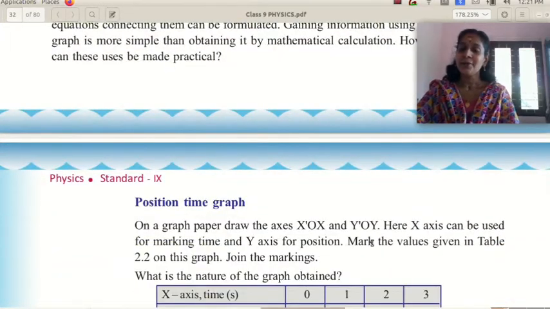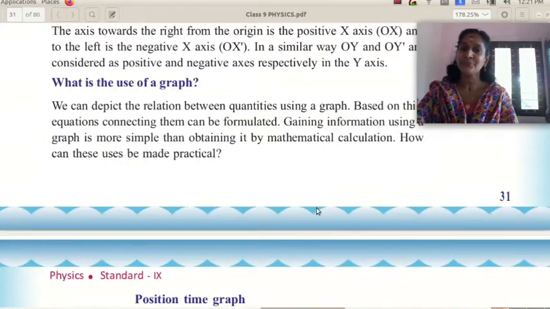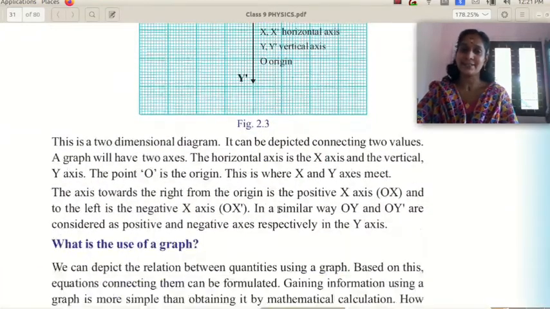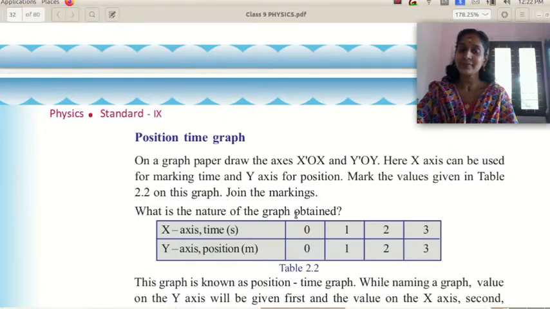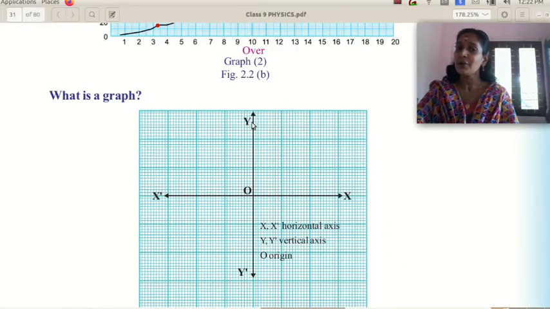And while saying the name of a graph, we should say the quantity marked on the y-axis first. That is, if we are marking the values of position on the y-axis, we should mention position first while saying the name of the graph.